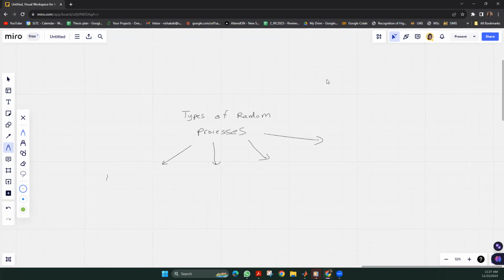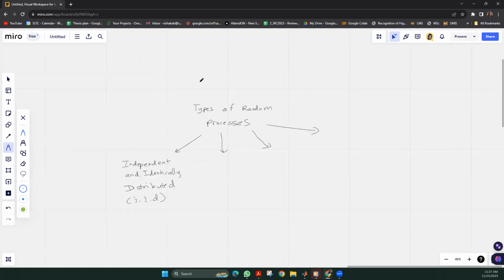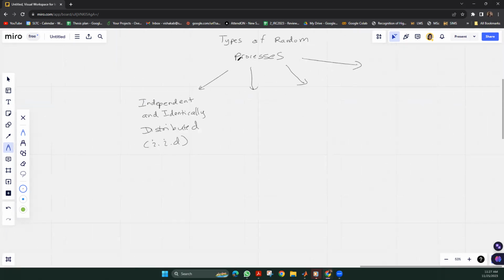One of the types of random processes is independent and identically distributed random processes. These kinds of random processes are known as IID random processes. These are very commonly used random processes.